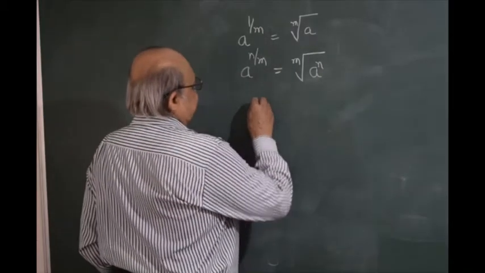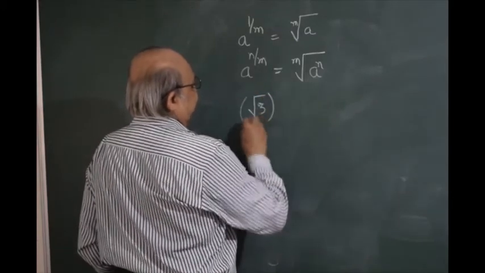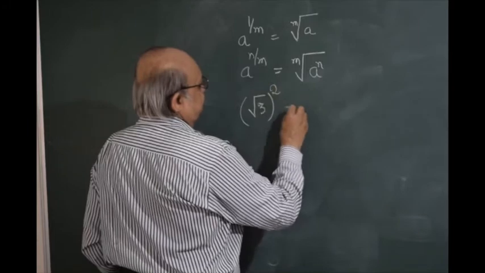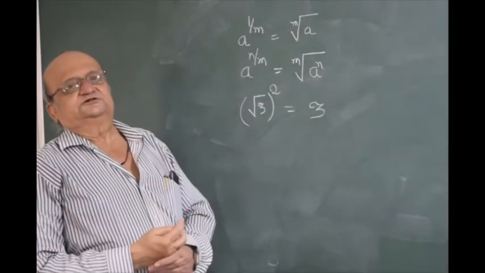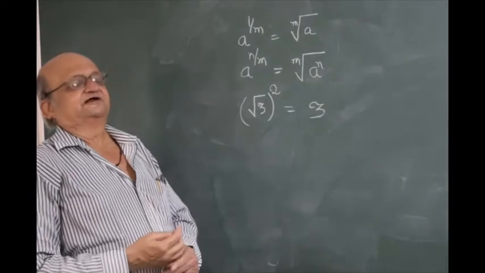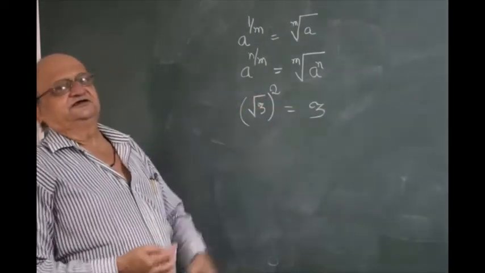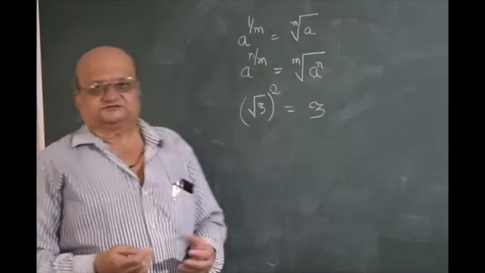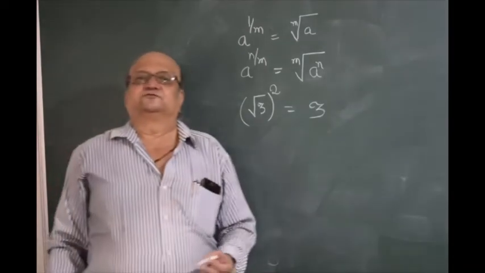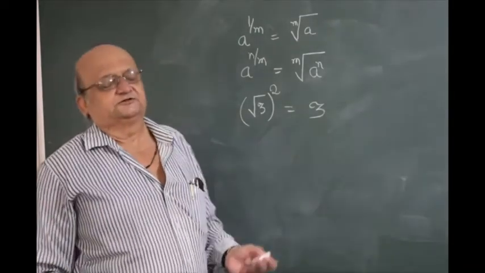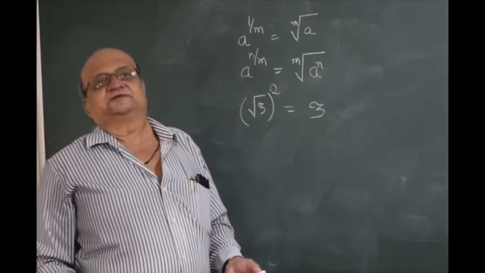And we know this as a matter of fact, that when we square root 3, it is equal to 3. But have we ever asked ourselves, why is the square of root 3 equal to 3? Because we cannot multiply root 3 with root 3, because root 3 has a value which cannot be written on paper.